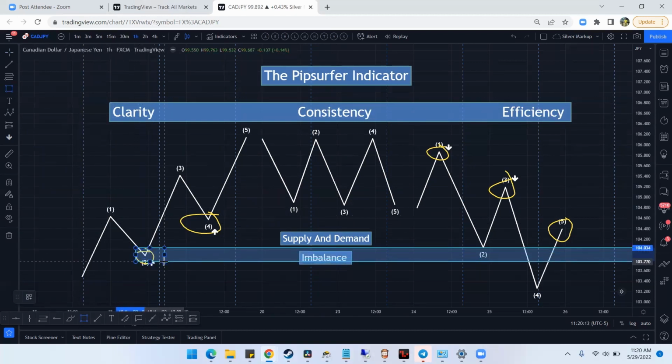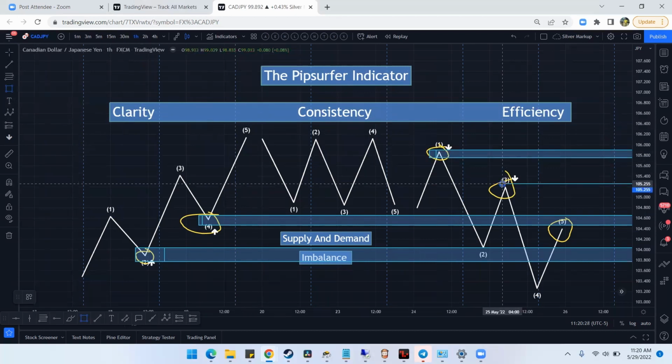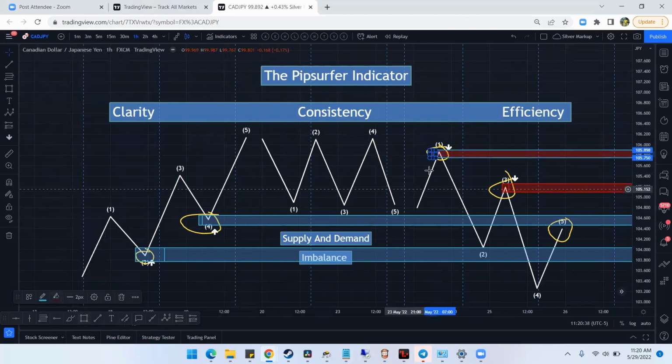So Pipsurfer will identify your supply areas and your demand areas in a similar fashion to this. It'll look for areas where those institutional moves are happening. At those levels, it'll identify them. It won't identify just normal support resistance.